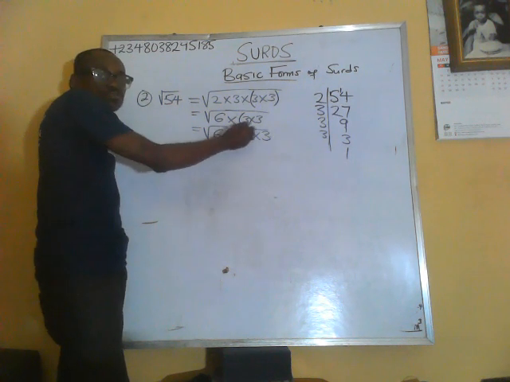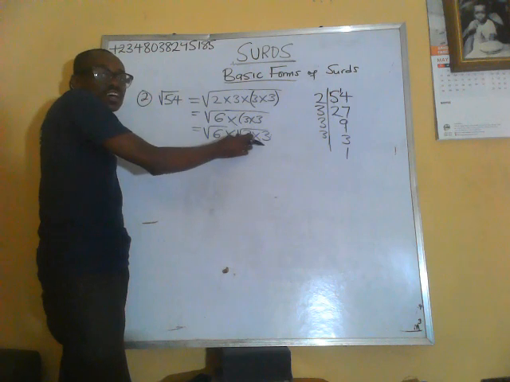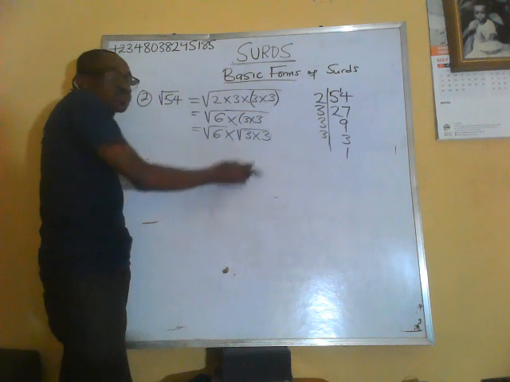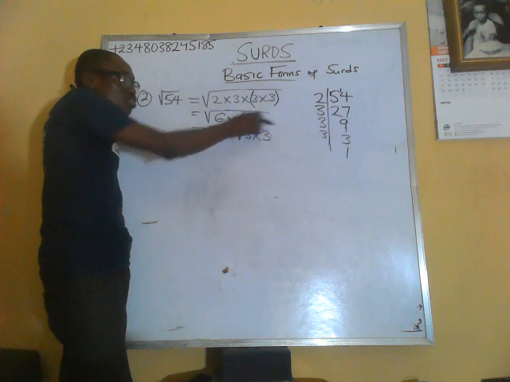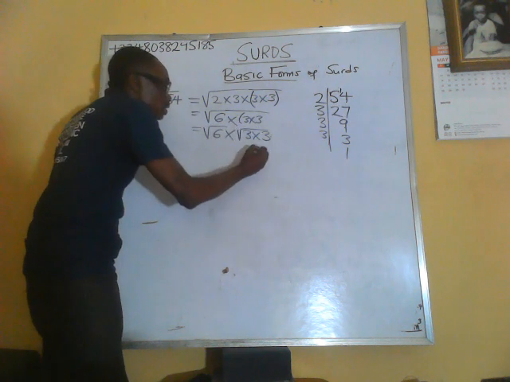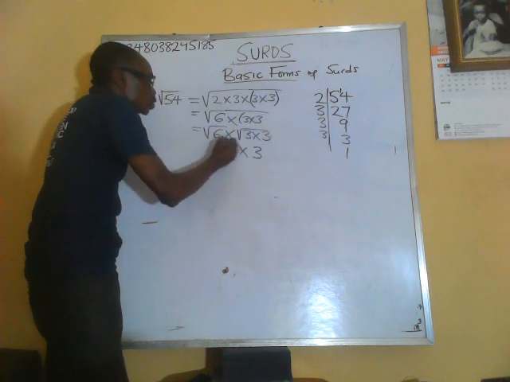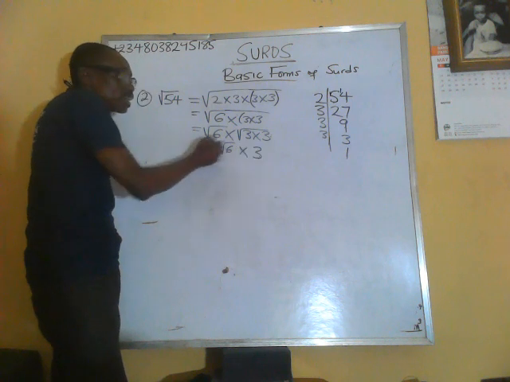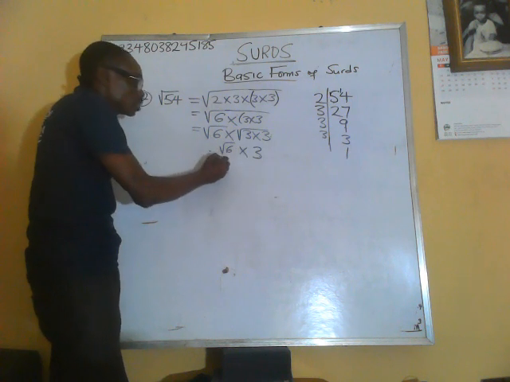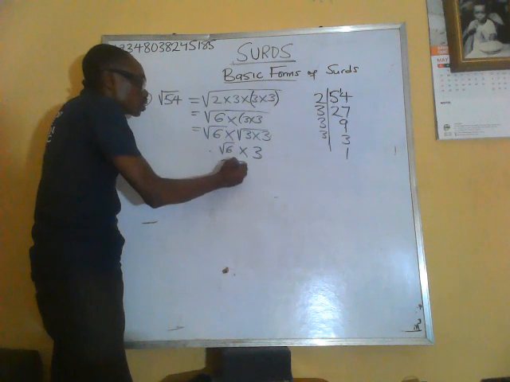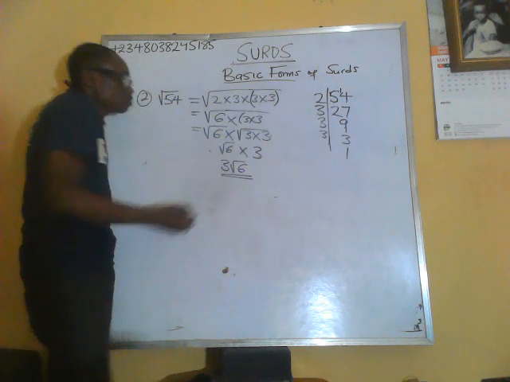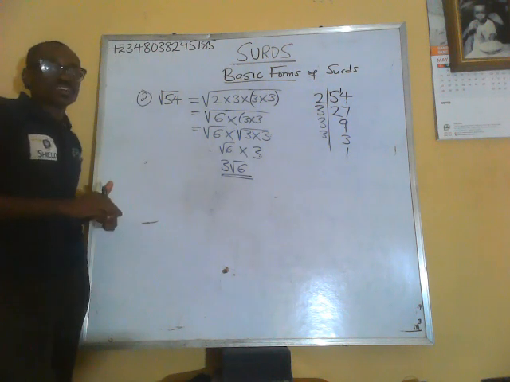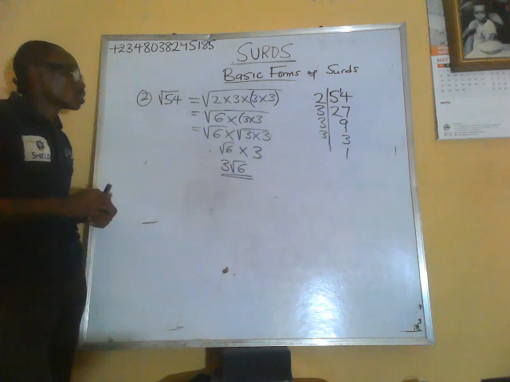So these 2 that have a pair, actually you can just pick one of them and the square root sign will disappear. So this gives you 3 times root 6. So the 3 can go behind the root sign, giving you 3 root 6. So that is the final answer for root 54.